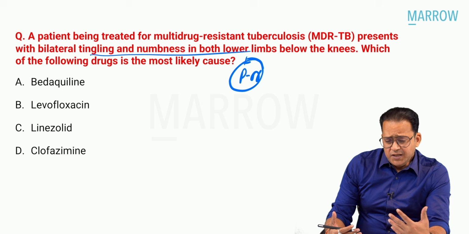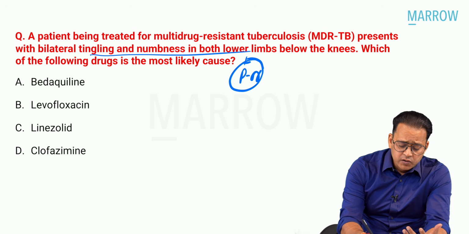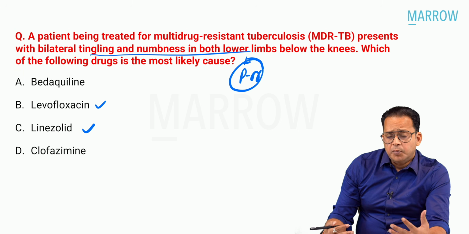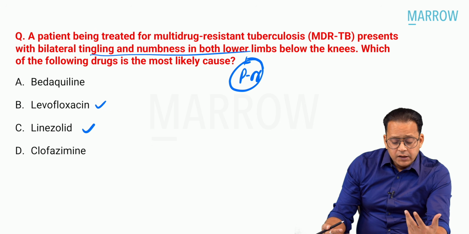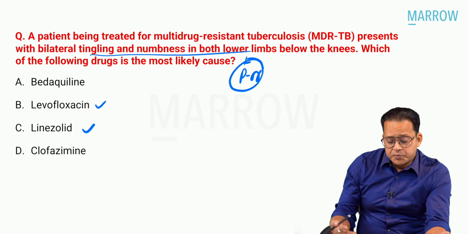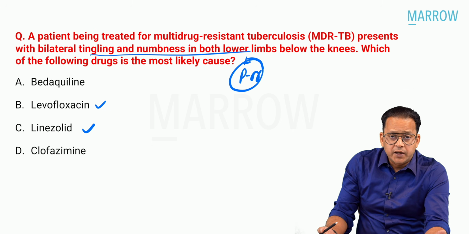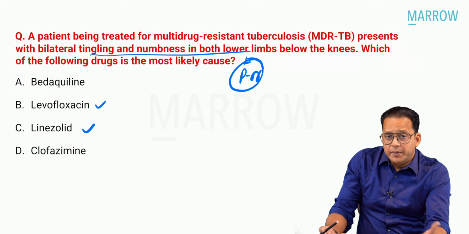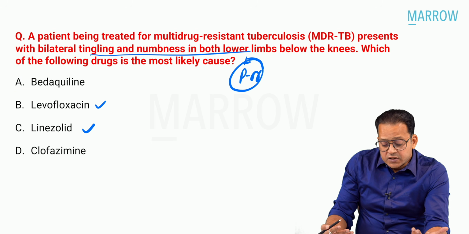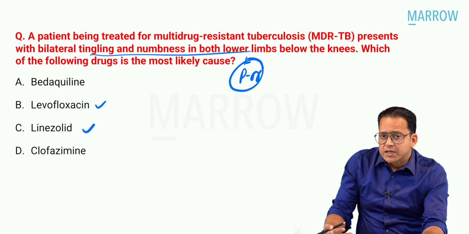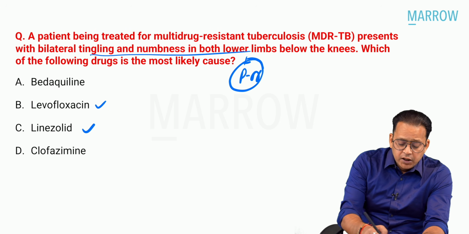Now, theoretically here, fluoroquinolones like levofloxacin and linezolid both can cause neuropathy. As I can see here, it is not a multiple option correct type of question, right? If it was, then both could have been answered. Now, with a single best response, I have to find the best possible answer. In MDR-TB, the incidence of neuropathy is higher with linezolid.